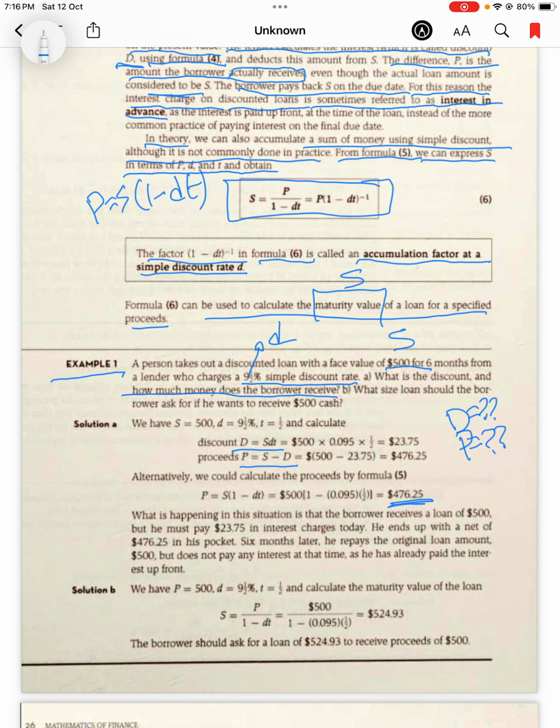He ends up with a net of 476.25 in his pocket. 6 months later, he repays the original loan amount of $500, but doesn't pay any interest at that time. He has already paid the interest up front.